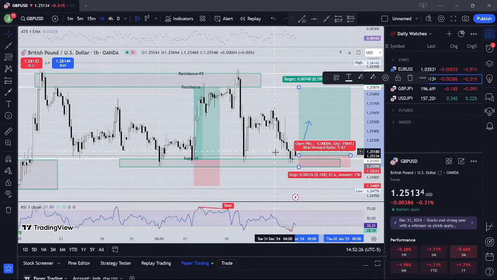I'm going to use the ATR and go down 10. So 10, that's going to be 249.